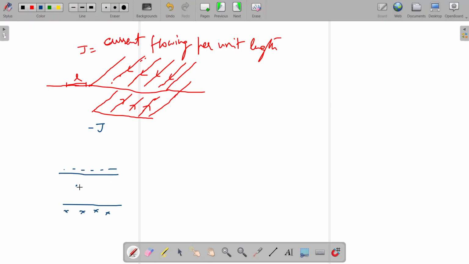The question is, if it is projected parallel to the plates with speed v, and it goes in some kind of circle, we are given that the radius of the circle is r. So what is the speed with which the charged particle of charge q is projected?